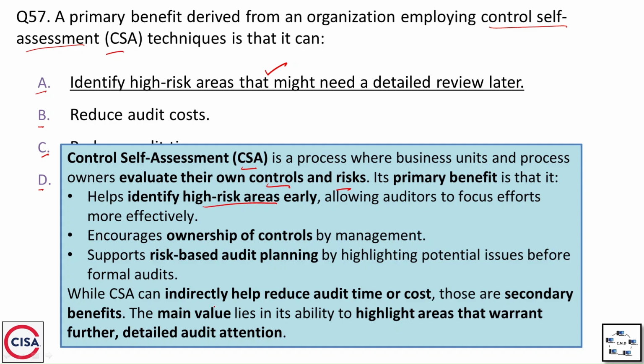While CSA can indirectly help reduce audit time or cost, those are secondary benefits. The main value lies in its ability to highlight areas that warrant further detailed audit attention.